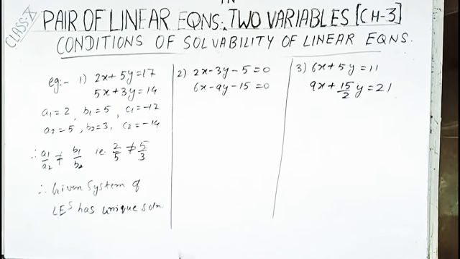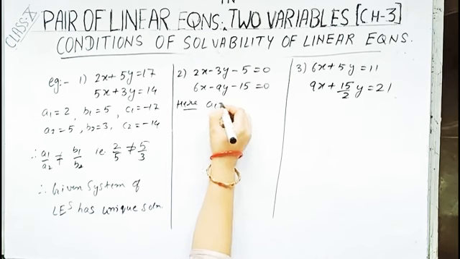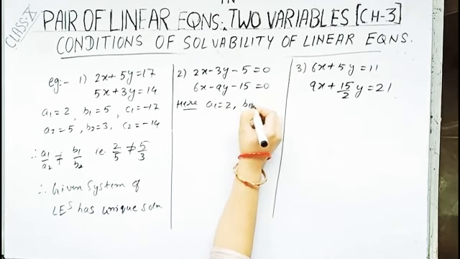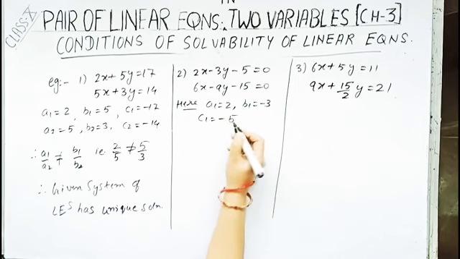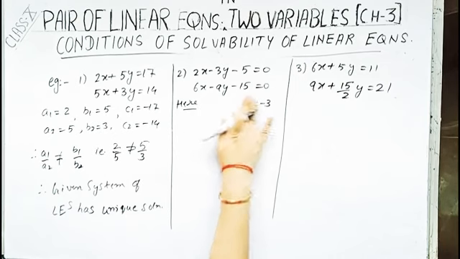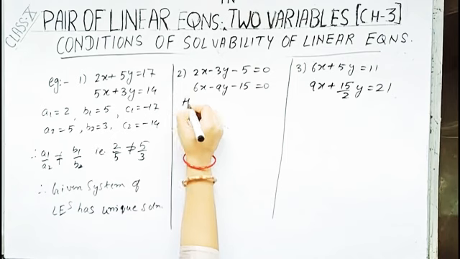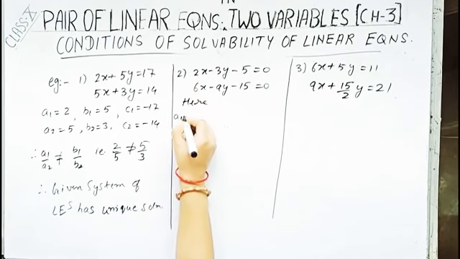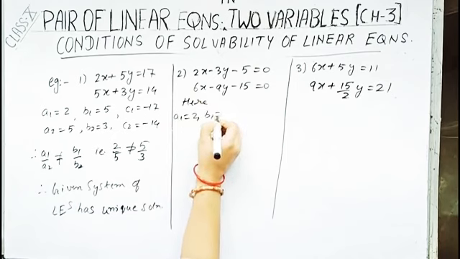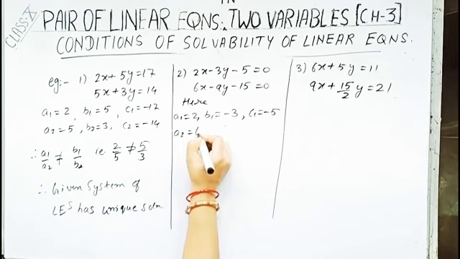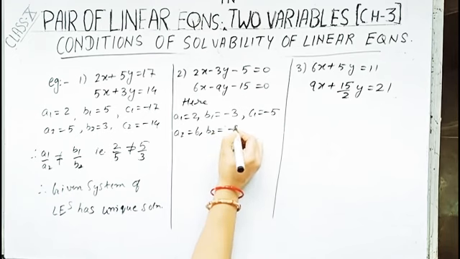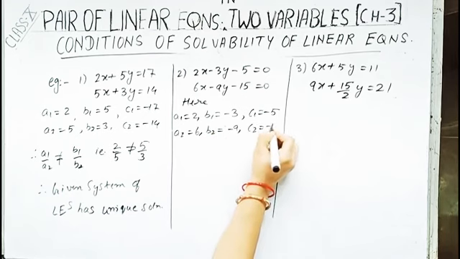The second example. Here a1 equals 2, b1 equals minus 3 and c1 equals minus 5. a2 equals 6, b2 equals minus 9 and c2 equals minus 15.